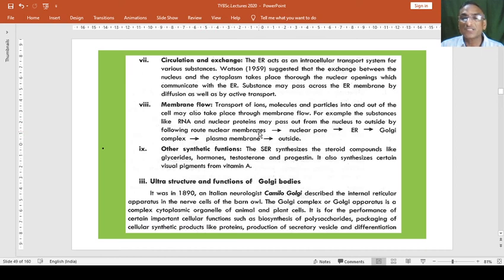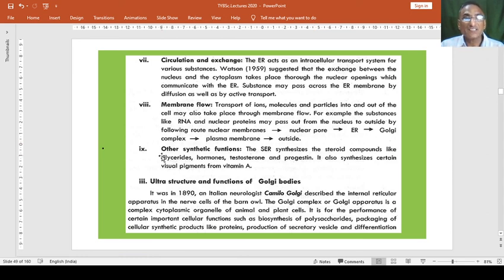Then it passes to the nuclear pore. From nuclear pore, it passes to the endoplasmic reticulum. From endoplasmic reticulum, it passes to the Golgi complex or Golgi bodies. From here, it passes to the plasma membrane, and from plasma membrane, it is thrown outside the cell body. So this is the way through which the membrane flow system is maintained or regulated.